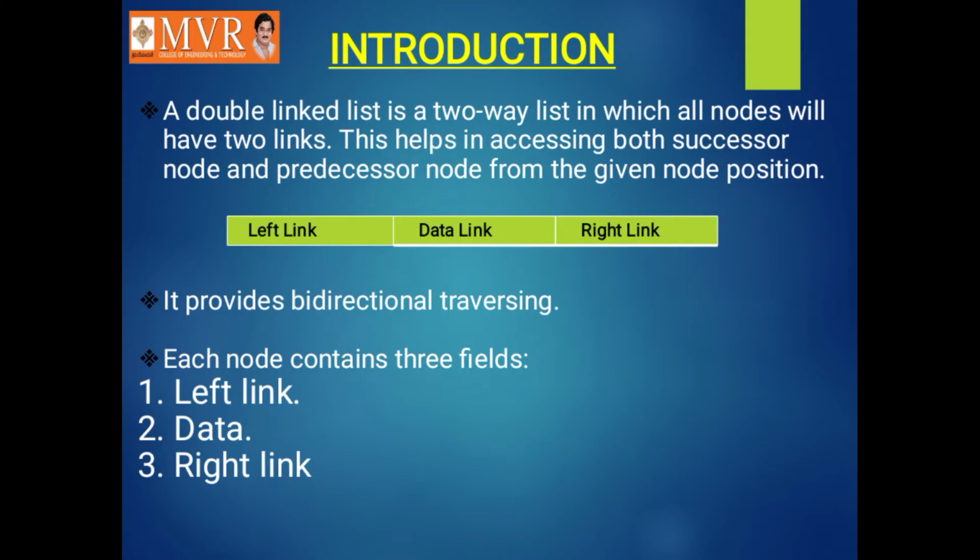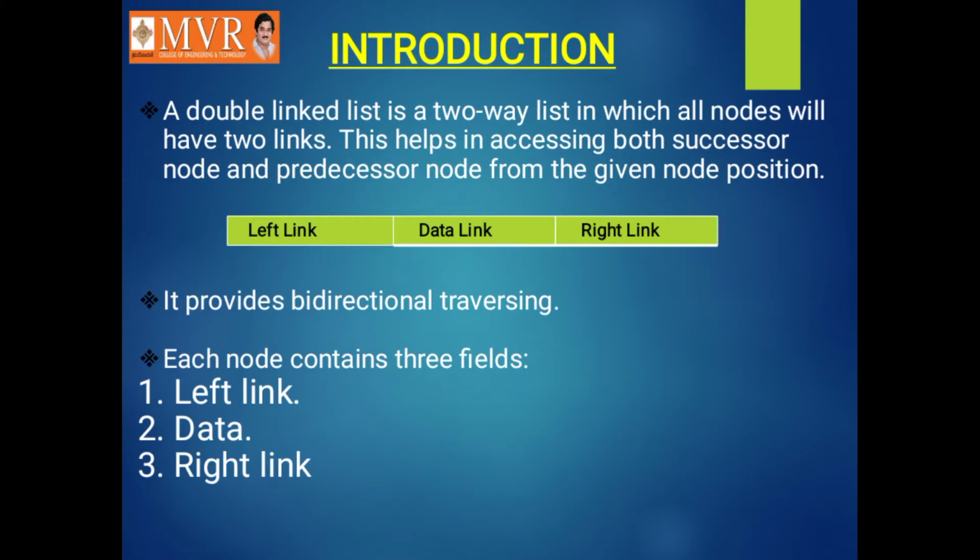The data part stores the actual data and the link parts store the addresses of the next and previous nodes. Here the left link will store the address of the predecessor, that is the previous node, and the right link will store the address of the successor, that is the node after it.